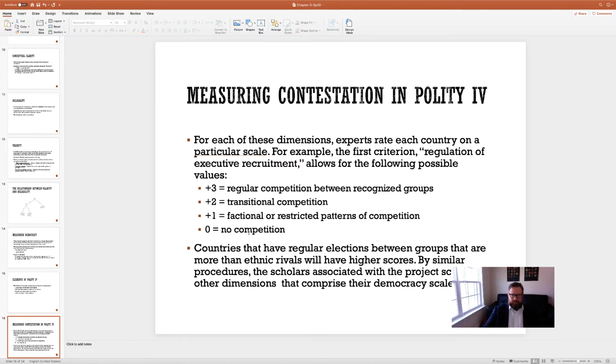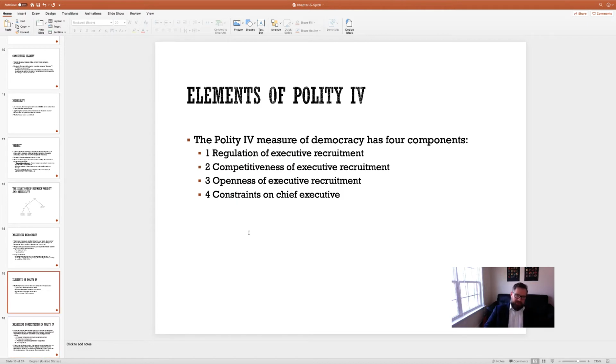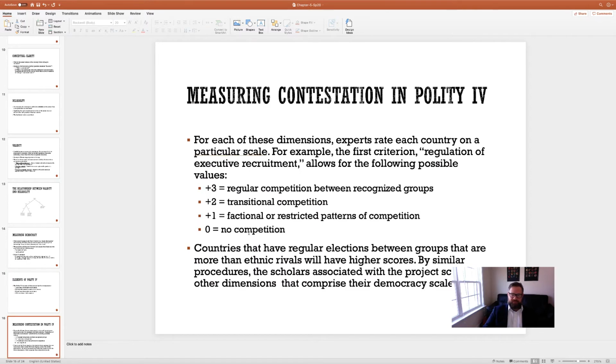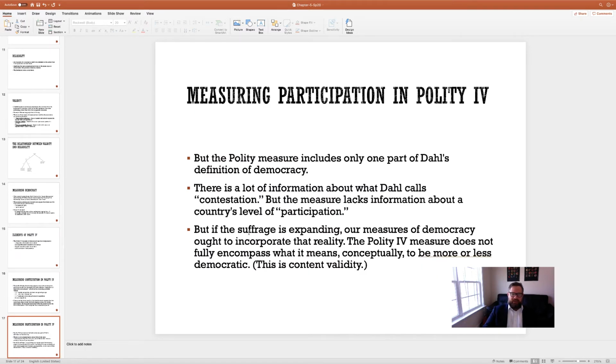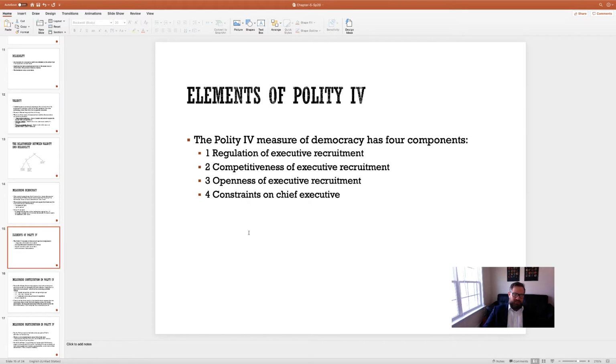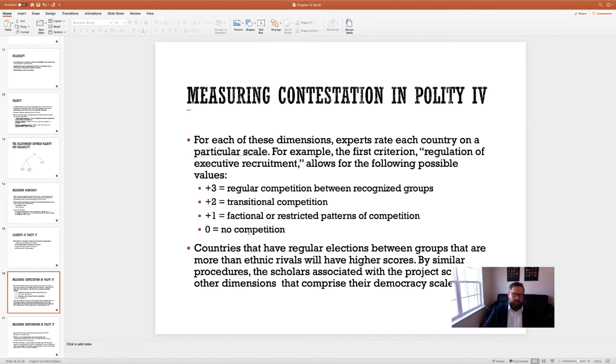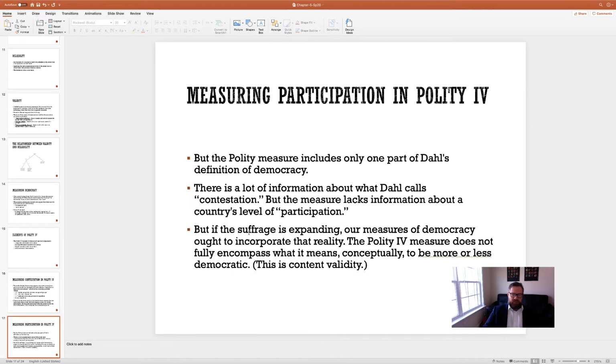Okay. So then, there is a series of questions for each of these elements, and the group of experts score them. And one interesting thing about this is that you can see that these elements do a really good job of capturing one part of Dahl's discussion of democracy, the contestation part, right?